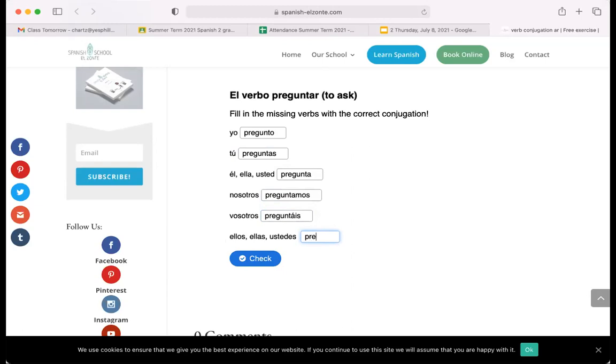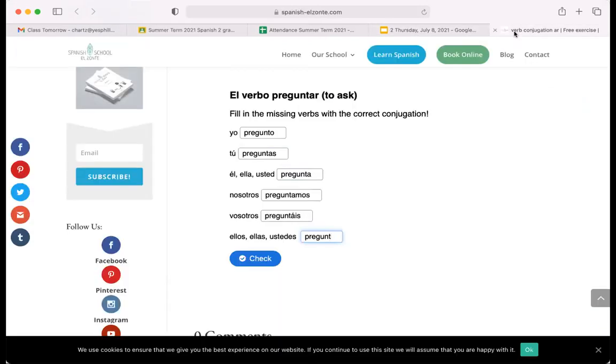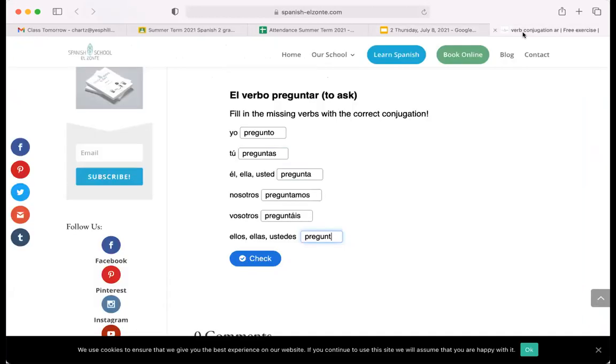What do you think is going to be that one? And you can always go back to your chart and look at the endings. Pregunt. I don't know how to pronounce that. Preguntan. Okay, preguntan. Yep, there you go.